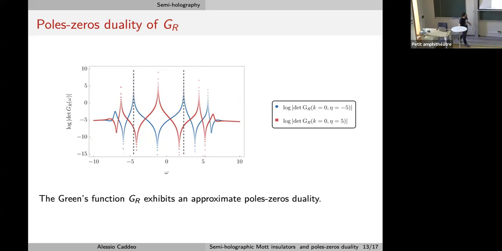And here I take a section at k equal to 0. We see that at negative value of eta, we have a zero inside the gap, which is, as I said, a hallmark of Mott physics. And this gets mapped with a pretty good approximation to the poles when we switch the value of eta.